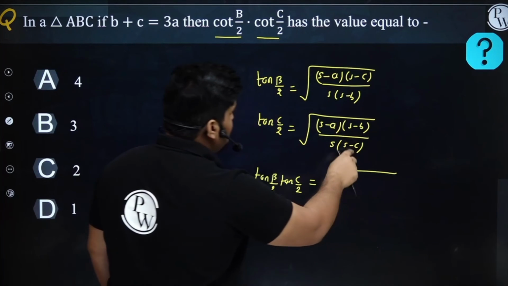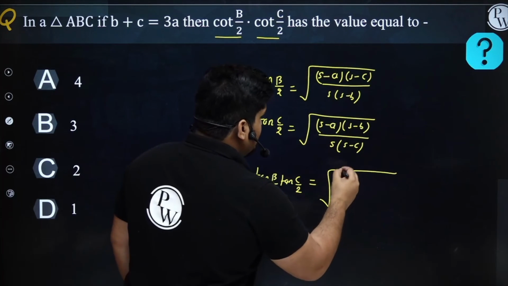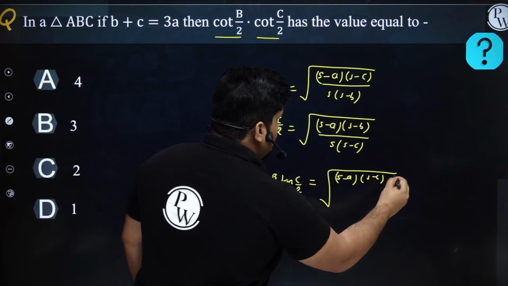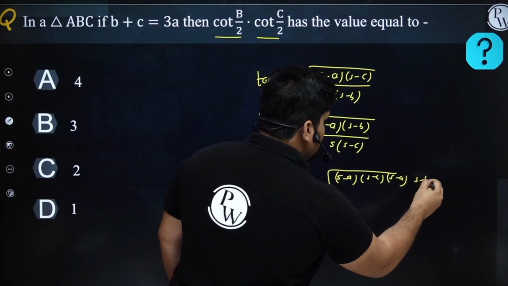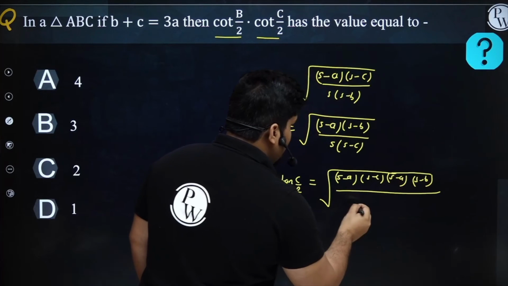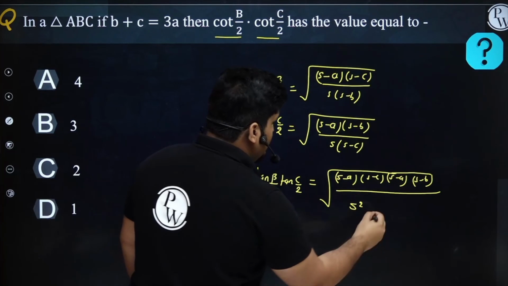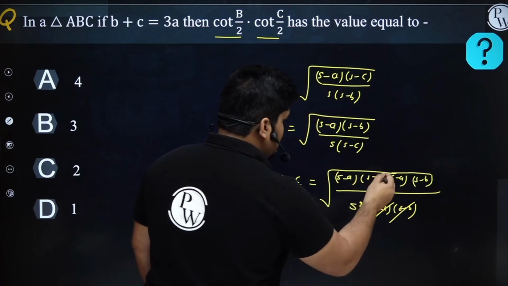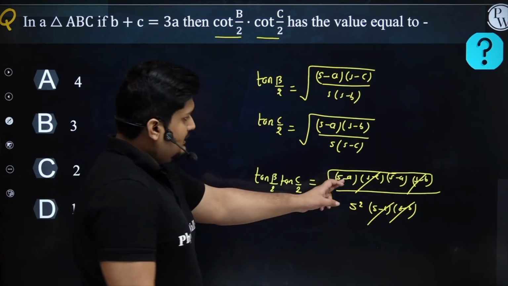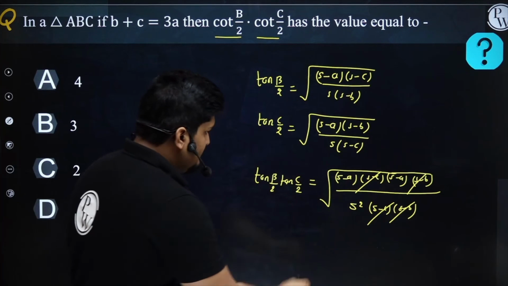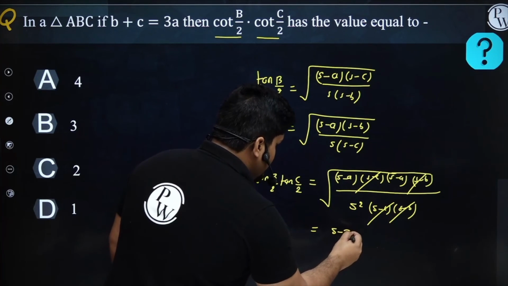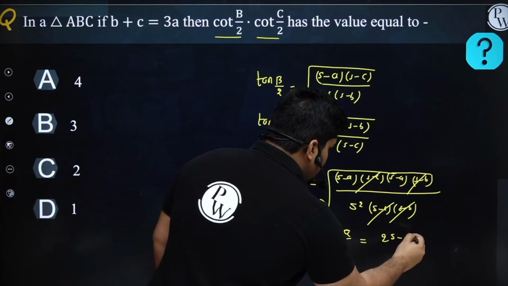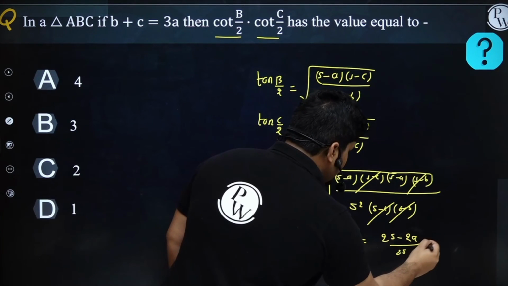So this is S minus A, S minus C, S minus A again, S minus B, divided by S square into S minus C, S minus B. So this cancels out. So we have clearly S minus A upon S, which we can further write as 2S minus 2A divided by 2S.